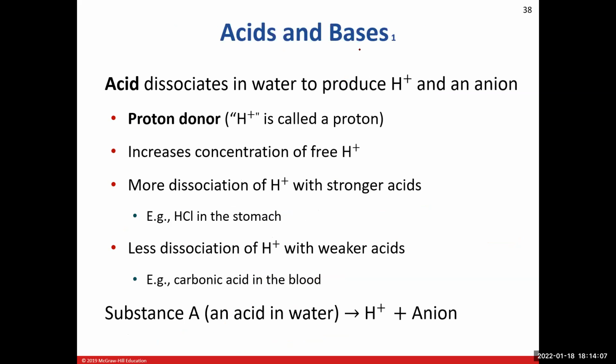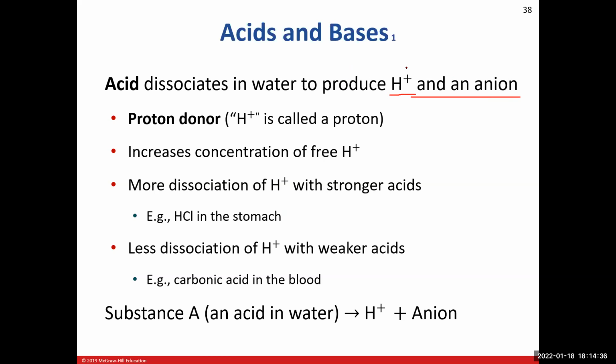So that brings us to acids and bases. Instead of talking about water, let's talk about an acid. What is an acid? An acid is a substance that, when we add it to water, is going to produce a positively charged hydrogen ion and a negatively charged anion.